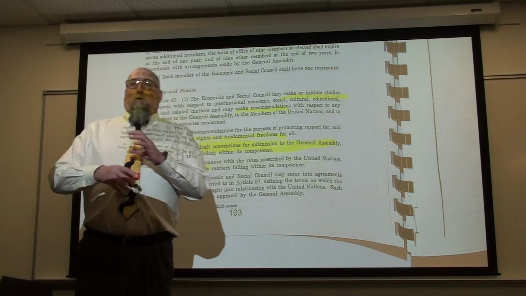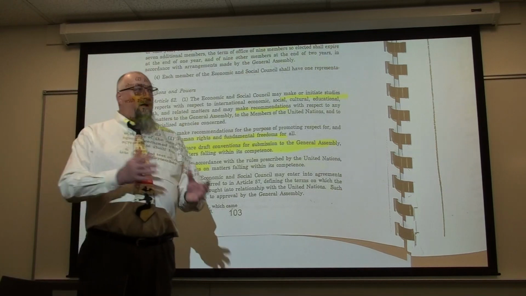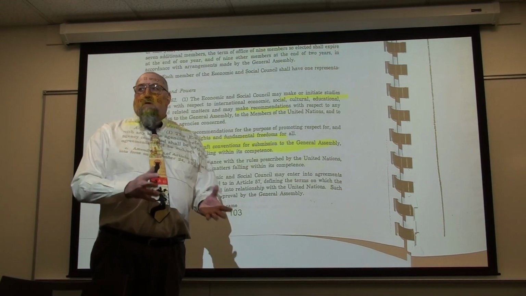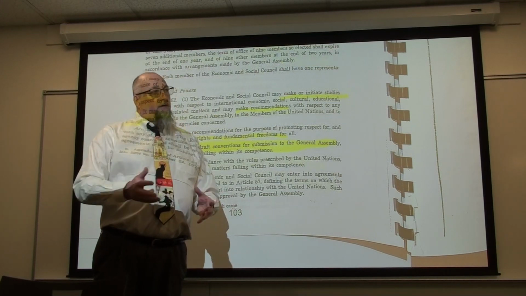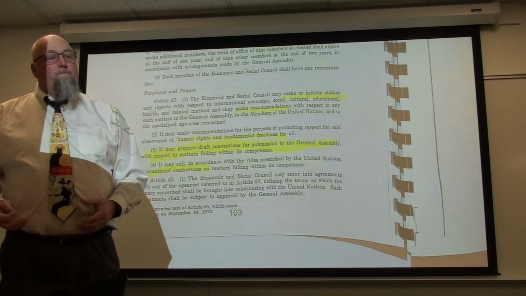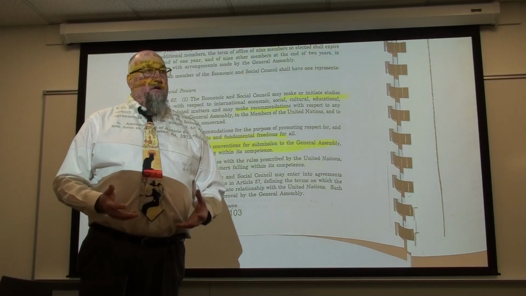So if I ask you a question, can the United Nations create international law? Well, yes and no. No, in the respect that neither the General Assembly nor ECOSOC have the ability to legislate.